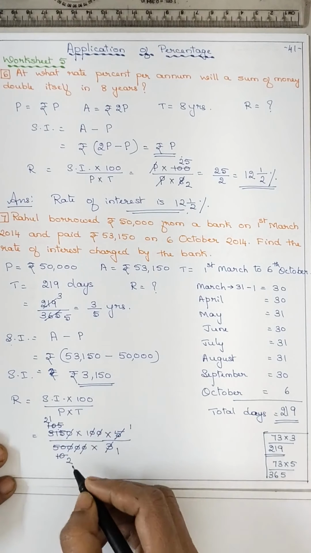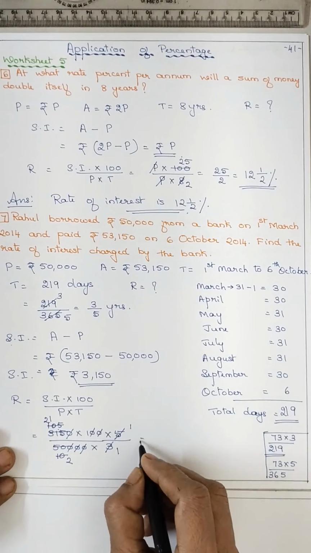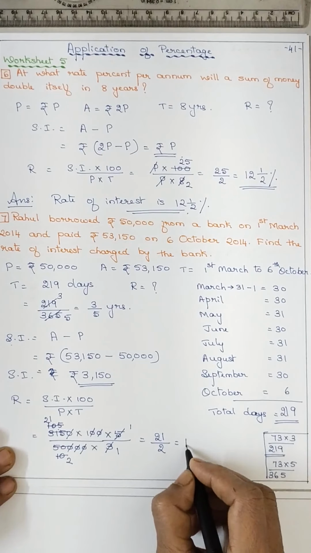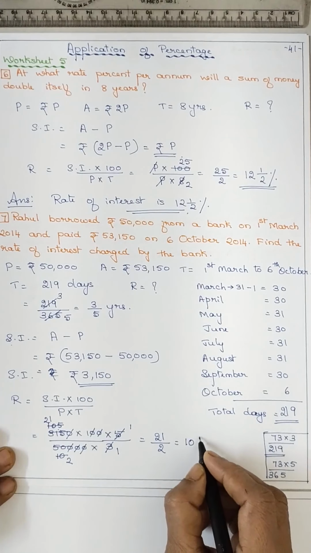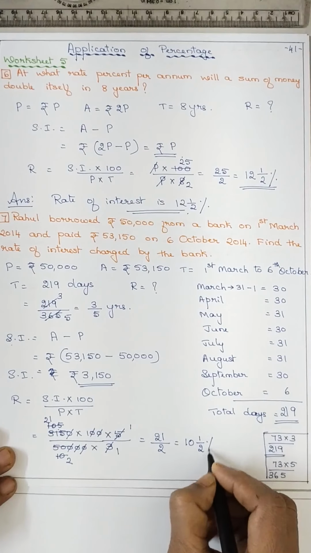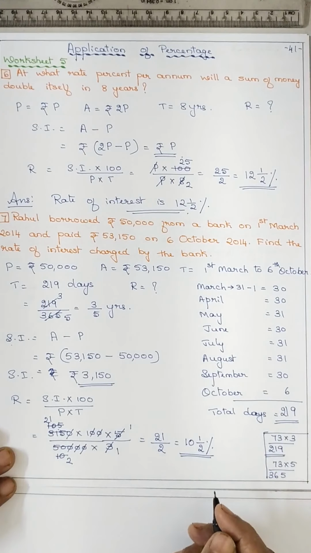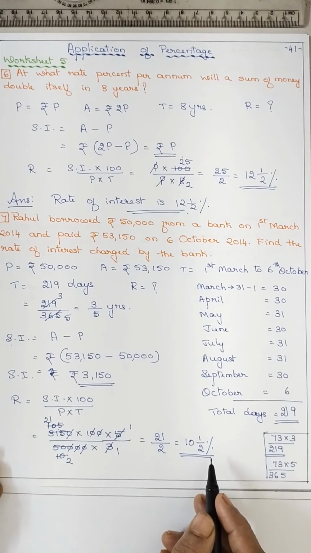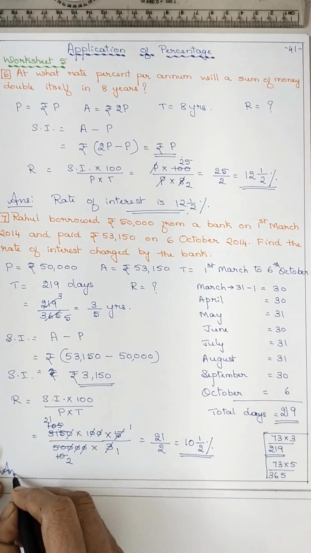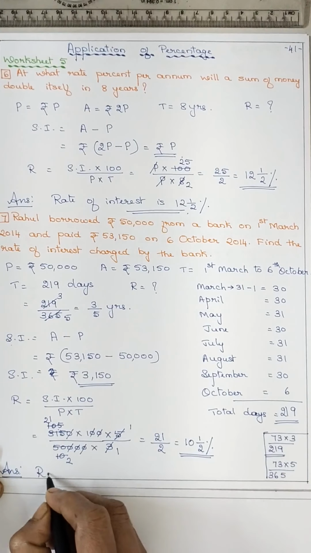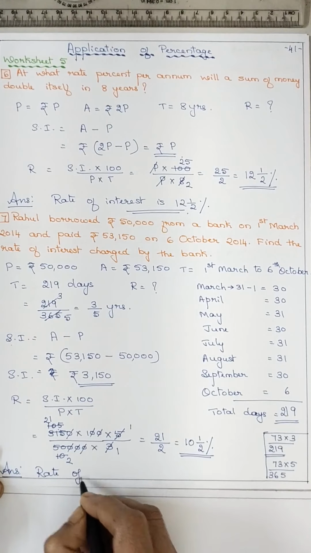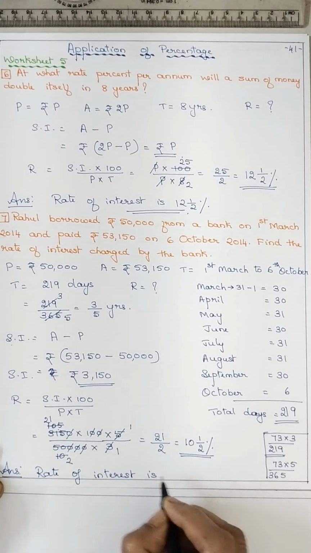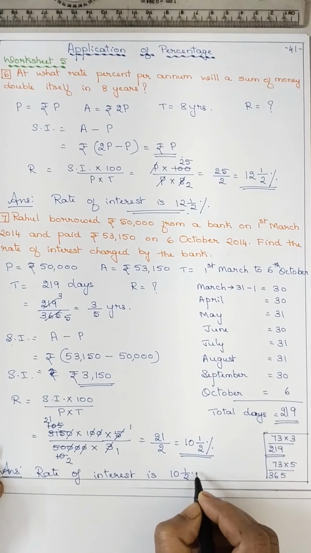So you got 21 upon 2. 21 upon 2, that is 2 10s are 20, then 1 by 2. 1 remains, so that is why 10.5%. So the answer, rate of interest is 10.5%.